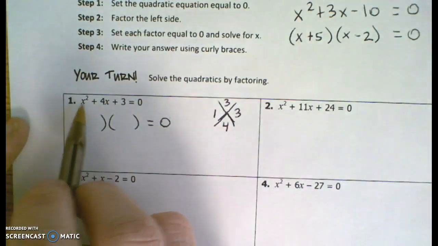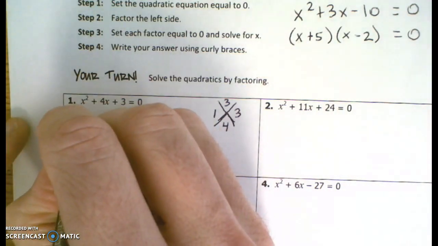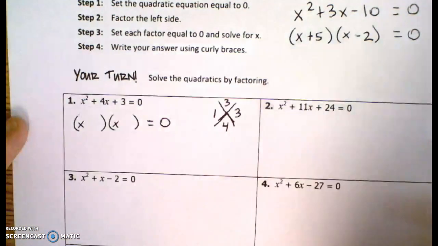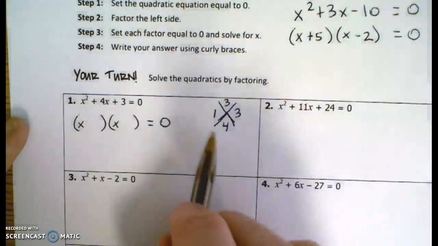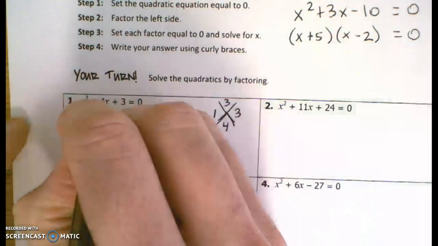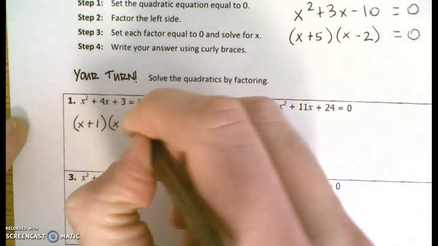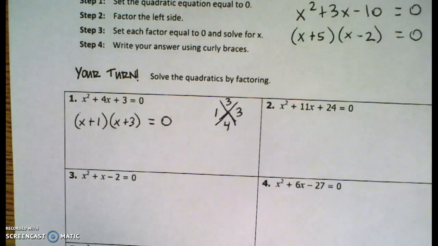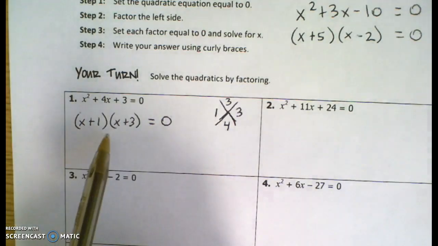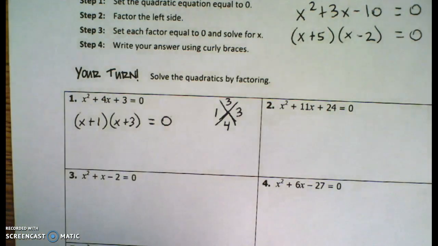Remember, if your term starts off as x squared, you're going to start with an x and an x. And now I'm going to use my two factors that I found to get plus 1 and plus 3. We'll eventually get back to how we know this is correct, but right now I just want to see if we can start factoring.